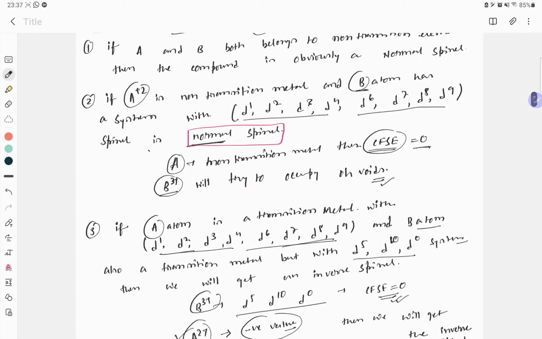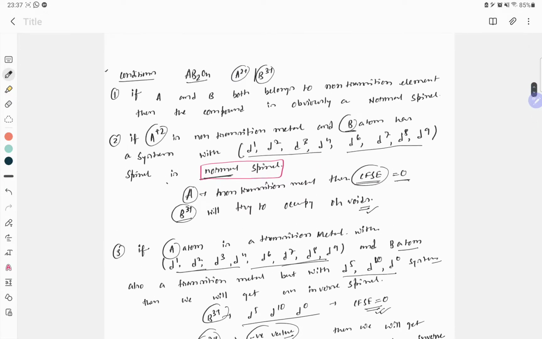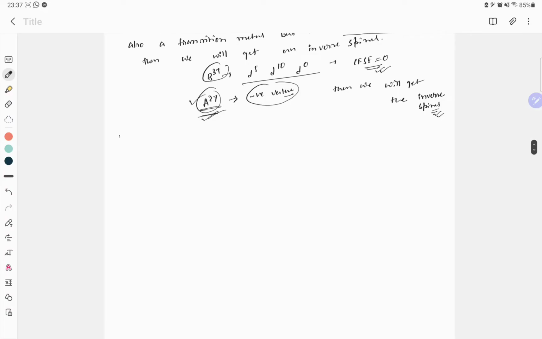Another easy trick, besides these main conditions: if Fe is present as Fe3+ in the compound, then it will obviously be an inverse spinel.